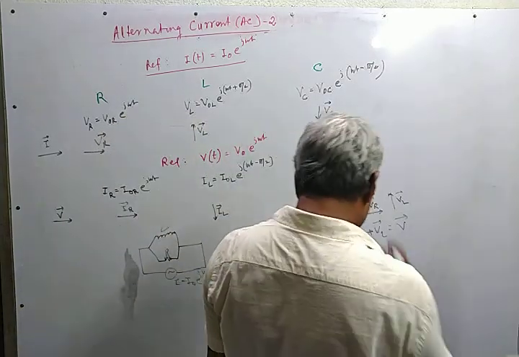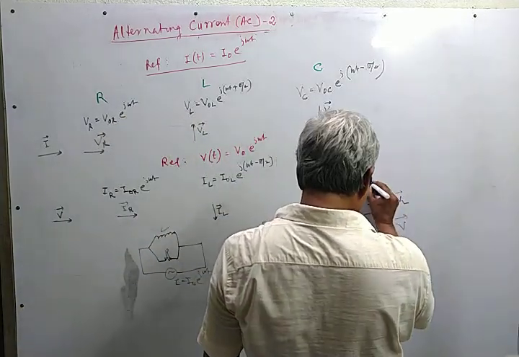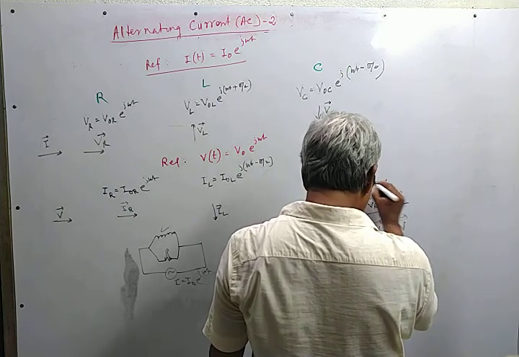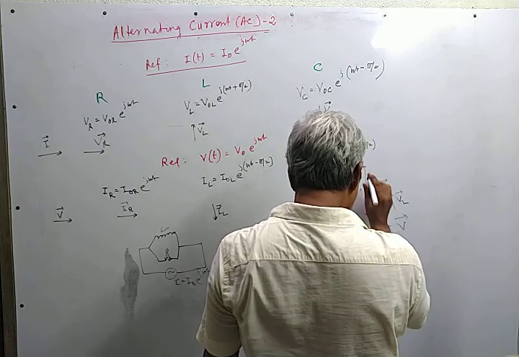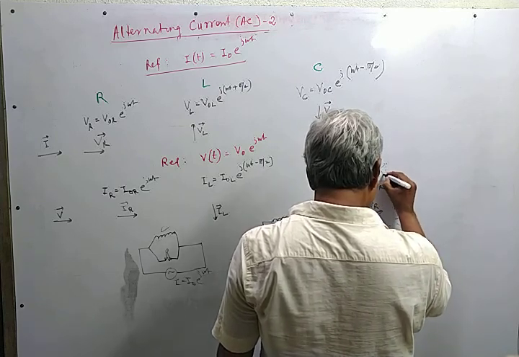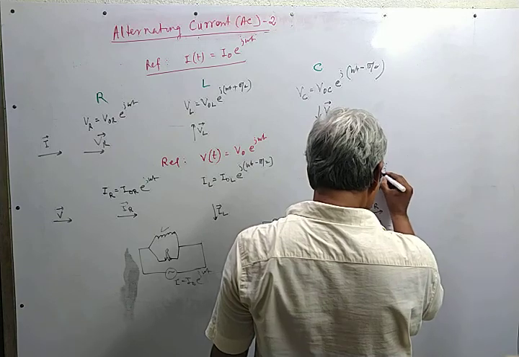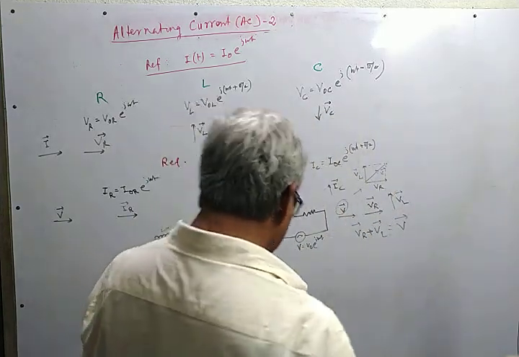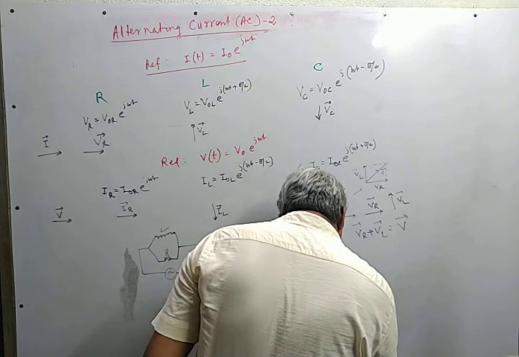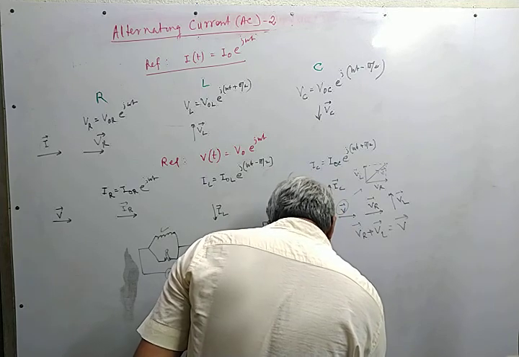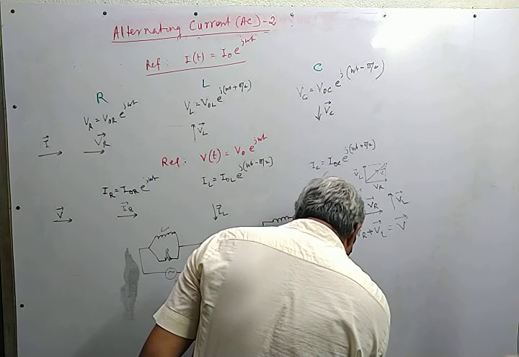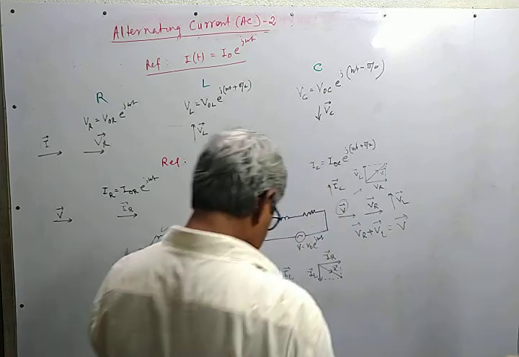So here the complete notation will be, this is the applied voltage V. And here the phasor diagram will be this. This is the phasor diagram.